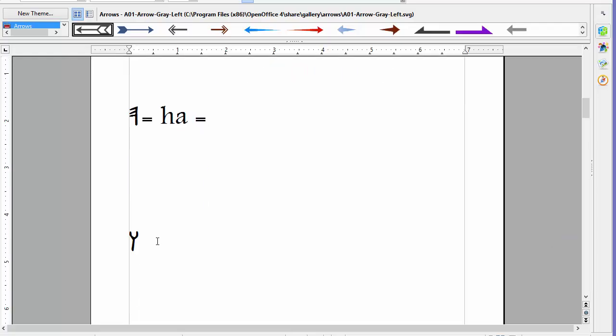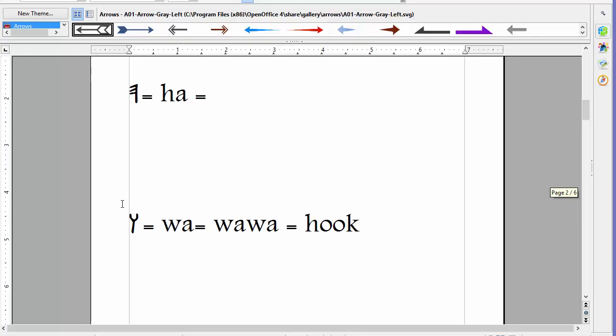So the next letter that we have here is the wa, which is pronounced wa, and it comes from the Hebrew word wa, which means hook. Okay, it means hook. All right, and you can see it looks like a hook.